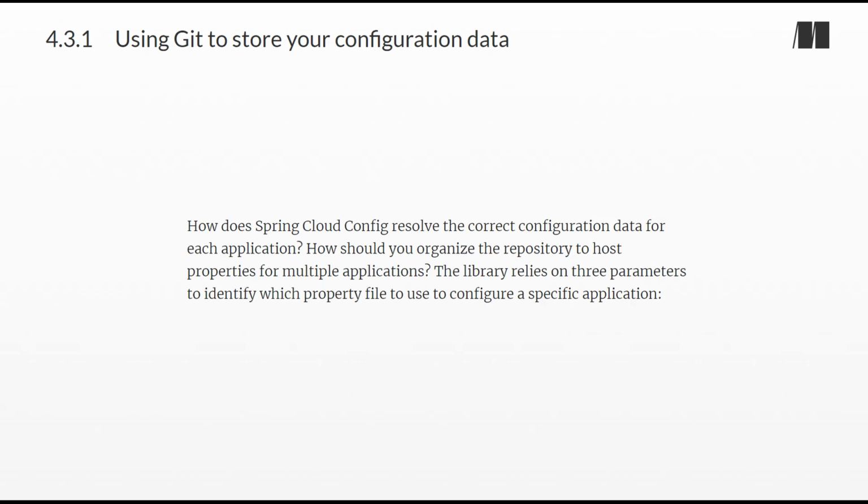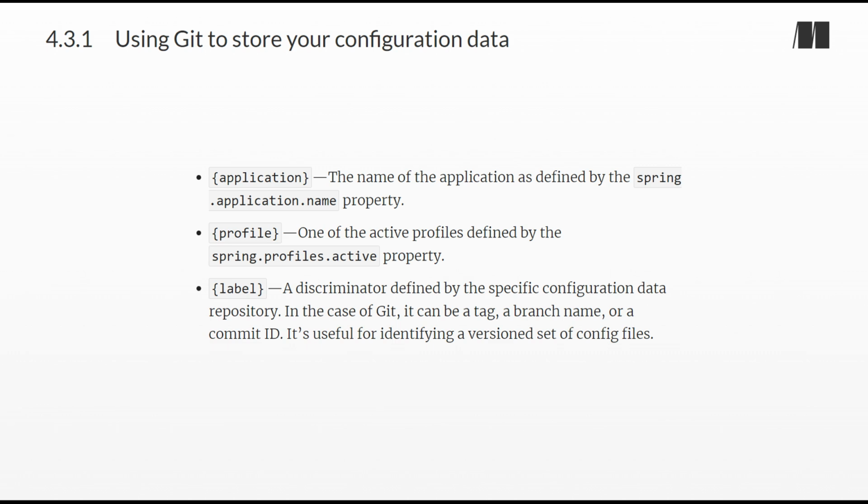How does Spring Cloud Config resolve the correct configuration data for each application? How should you organize the repository to host properties for multiple applications? The library relies on 3 parameters to identify which property file to use to configure a specific application. Application. The name of the application as defined by the spring.application.name property.